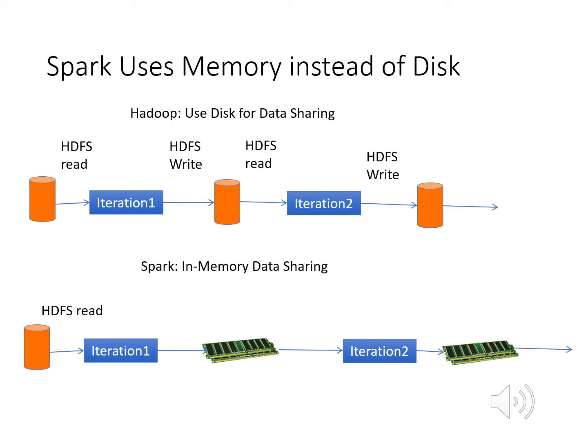In this way, it will be much faster because it avoids the long time for data writing and reading from the disks, especially when we are working with large data sets. The writing and reading take a lot of resources and a lot of time.